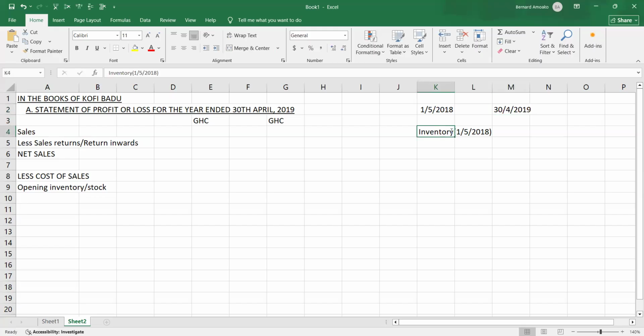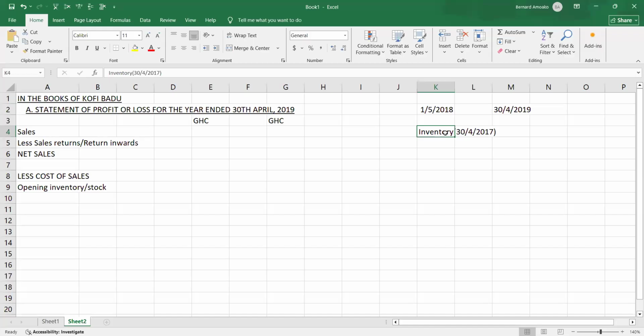Now they can also decide to put 30th April 2017, which means that it was at the end of the previous year. The closing inventory for the previous year becomes the opening inventory for the current year. I normally tell students this because when we were in SHS, we were told that it can only be found in the trial balance.